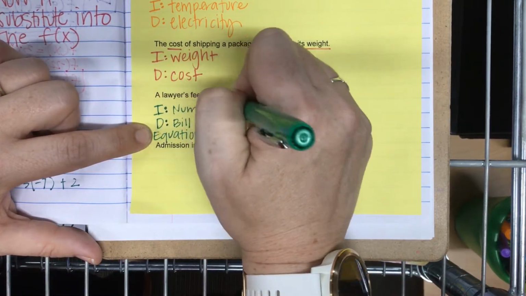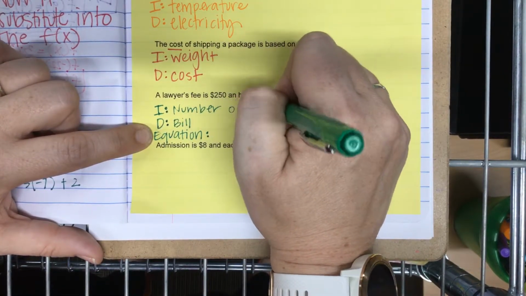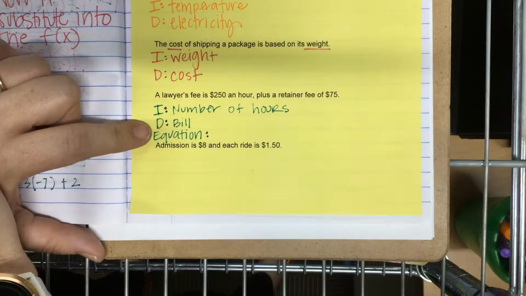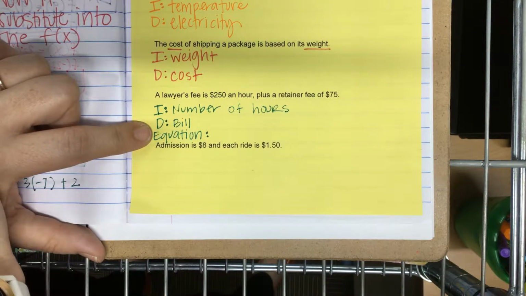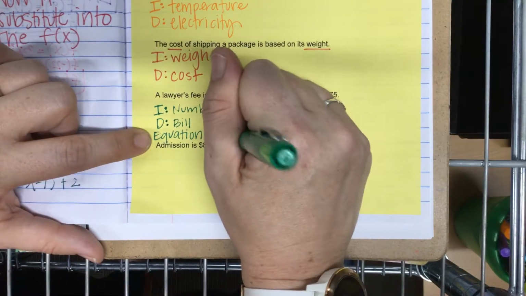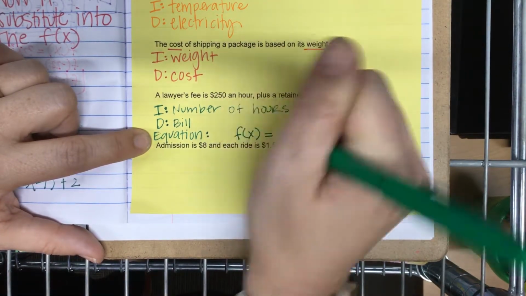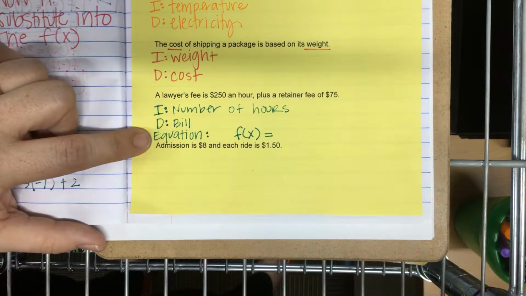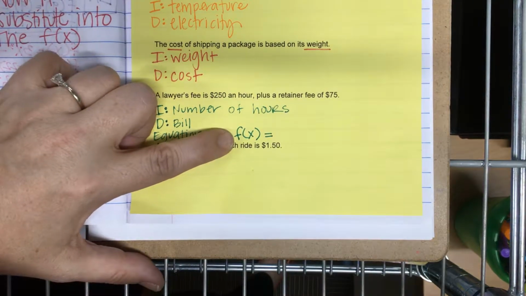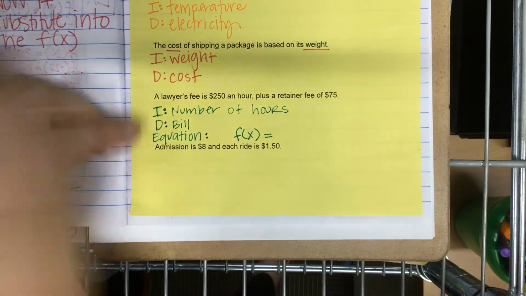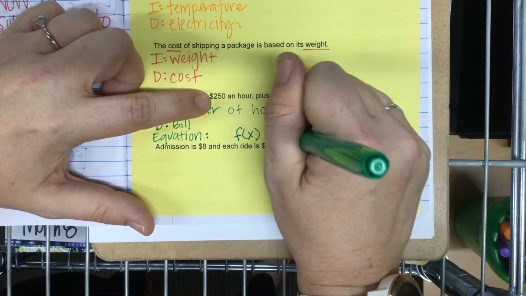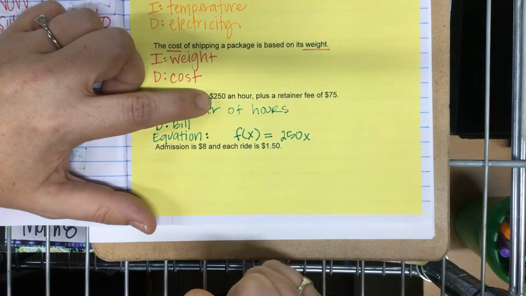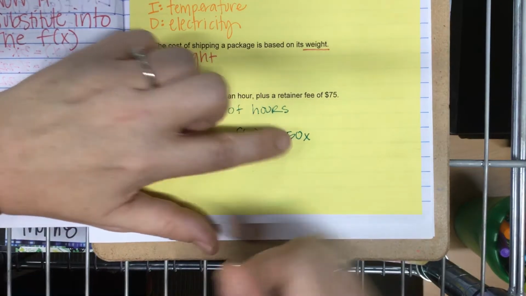The number of hours. So my equation would be f of x equals, right, my answer, f of x, equals $250 an hour plus $75 as a retainer.